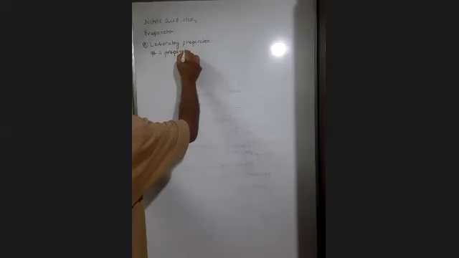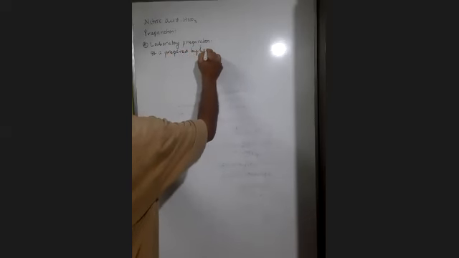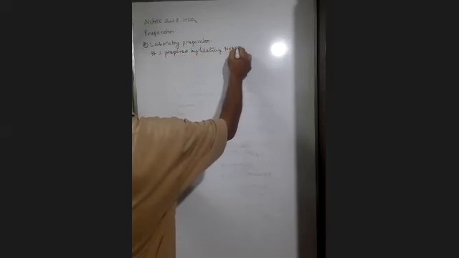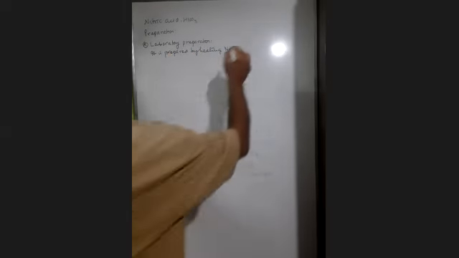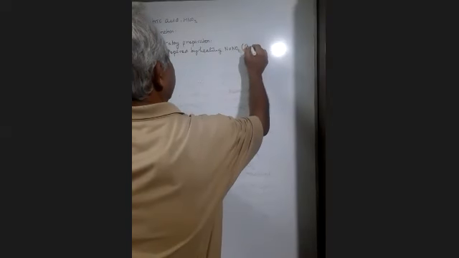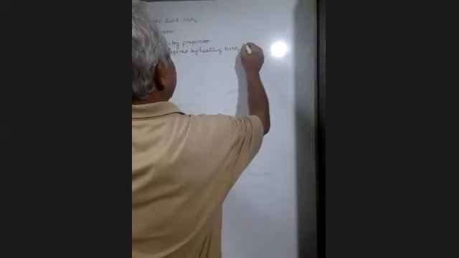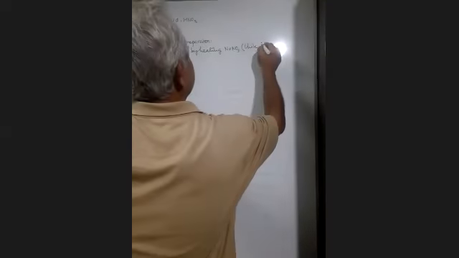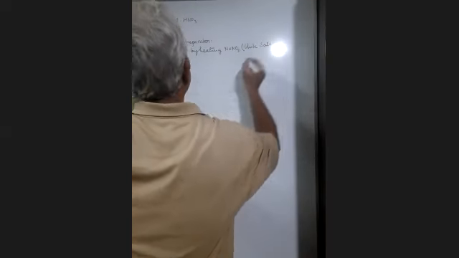Nitric acid is prepared by heating sodium nitrate with concentrated H2SO4. Sodium nitrate also has a name. We call it chili salt.